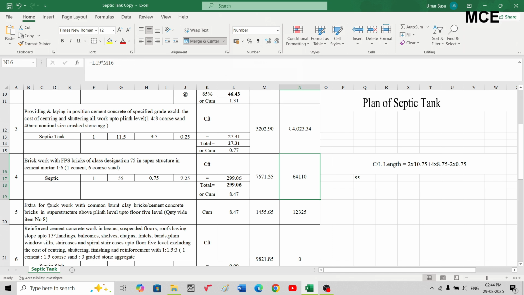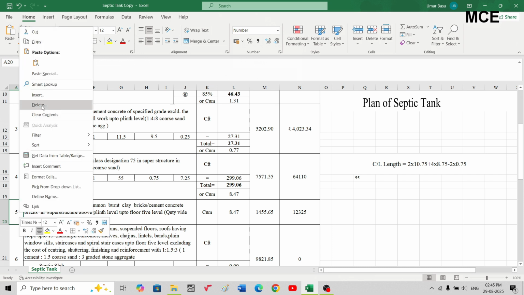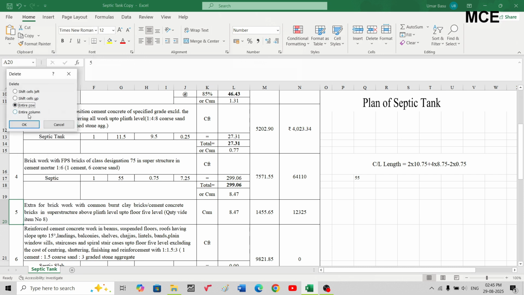Okay, after that you have to provide some extra brickwork with common burnt clay bricks in superstructures above the plinth level up to floor 5 level. Since this is for the septic tank, it will remain up to the plinth level, so no extra brickwork will be provided. So I am deleting this item. This was for another estimate.